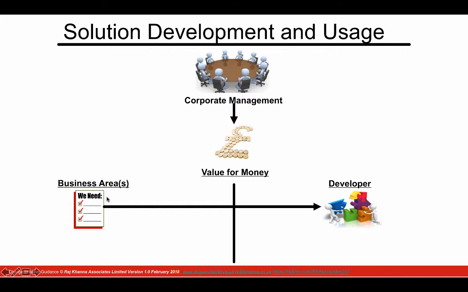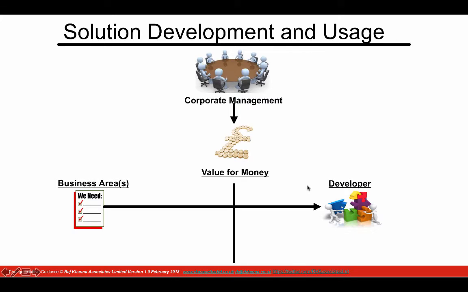So the business area specification is handed over to the developer who will then deliver that solution. So as you see, in any change initiative, having had the decision made by corporate management, there will be somebody looking at value for money, somebody saying, what do we really want? and the developer then delivering that solution.